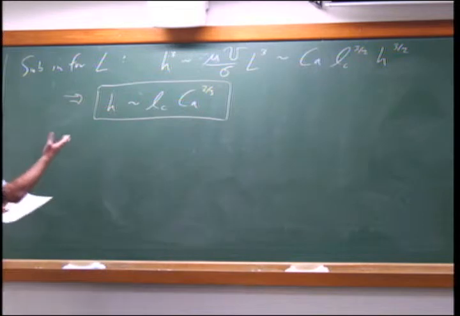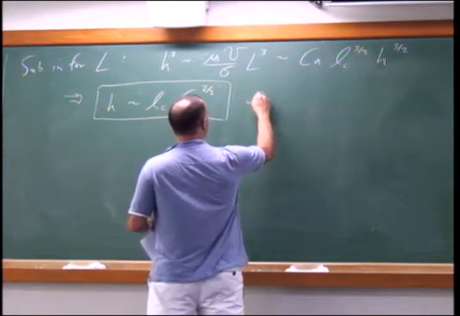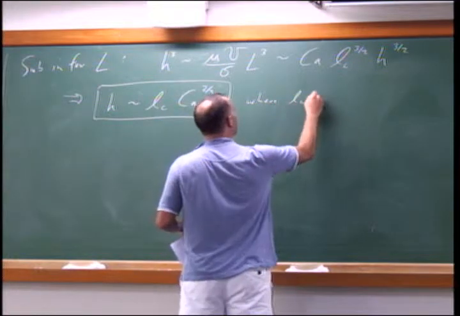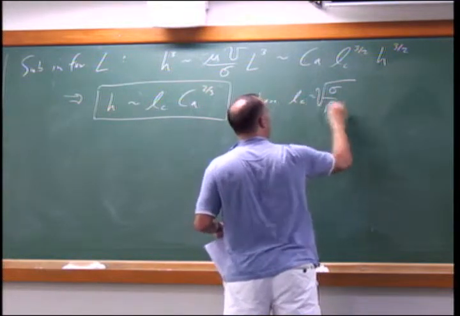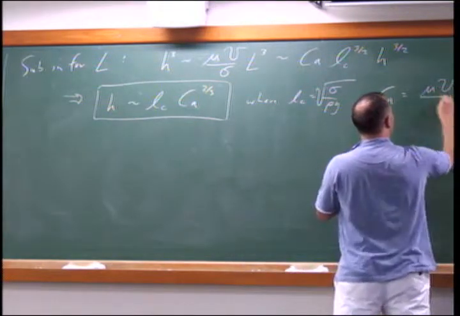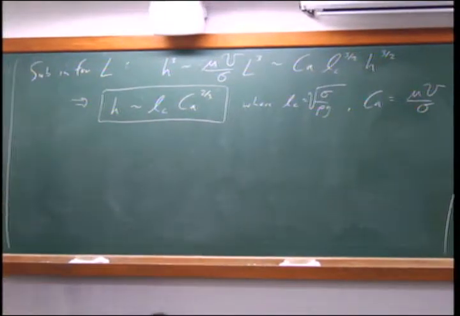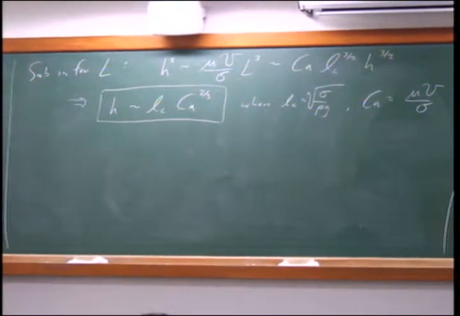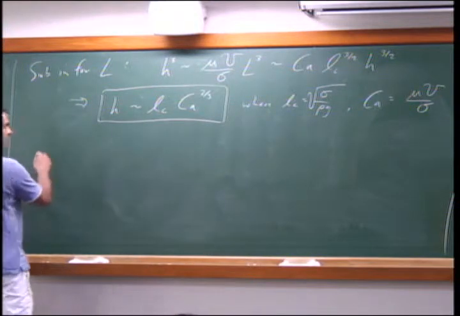Okay, and so that changes the scaling, where again, our capillary number is mu u over sigma. Okay, and this is consistent with data. This is the correct scaling.